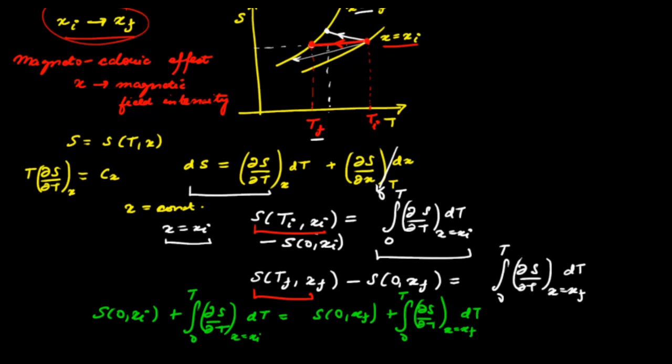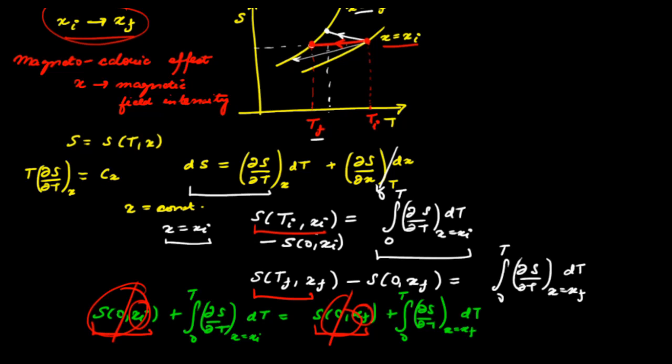Now we can invoke the third law of thermodynamics. Till now we have not invoked the third law, but it says that the entropy at absolute zero is constant, and that constant is not dependent upon any independent thermodynamic property. Therefore these two terms should be equal, and we can cancel out these terms.